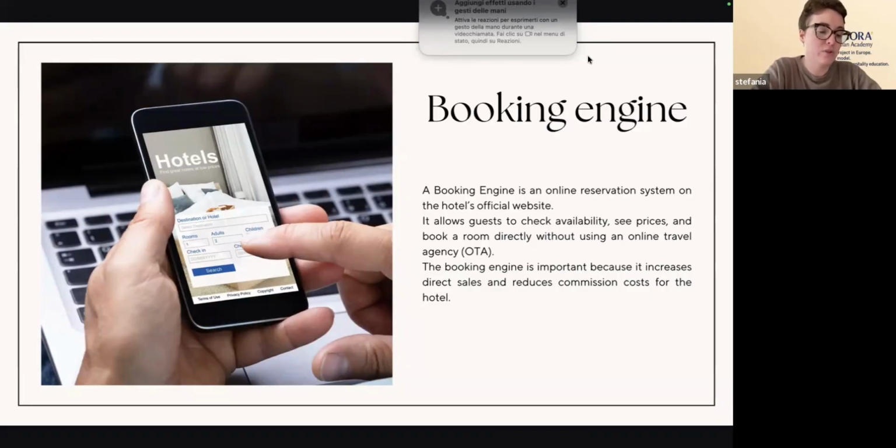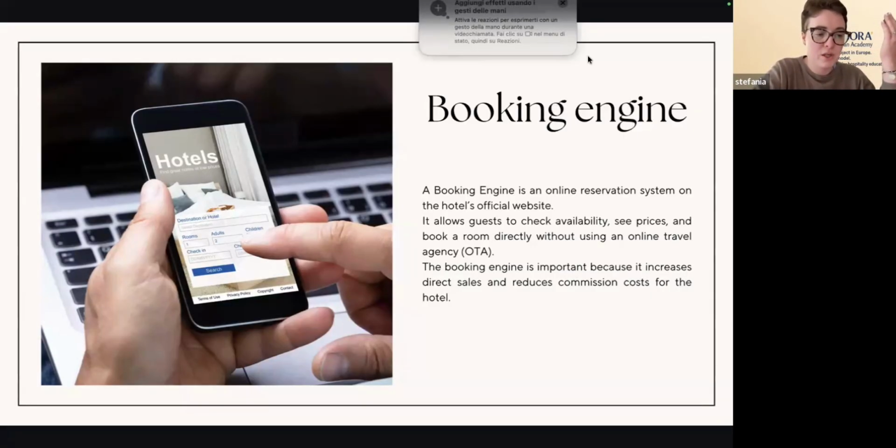Why? Because to have a contract with an OTA, hotels pay a commission, which is minimum 13% up to 18%. The average commission with Booking.com is 20%. Then if you want to have a higher position in the results, you also pay more commission.